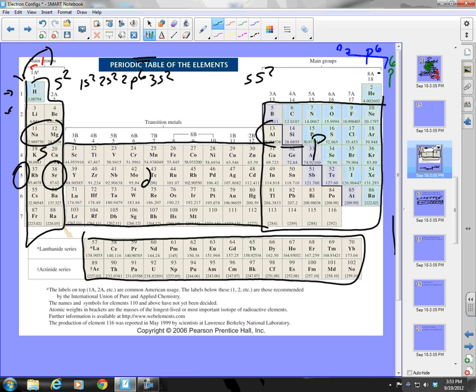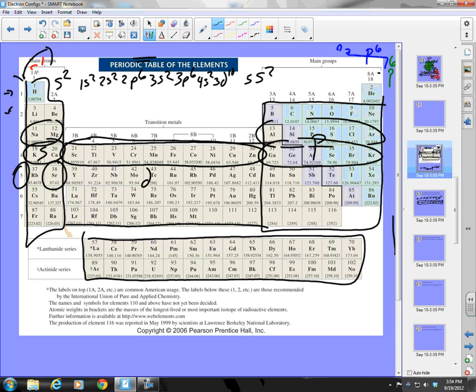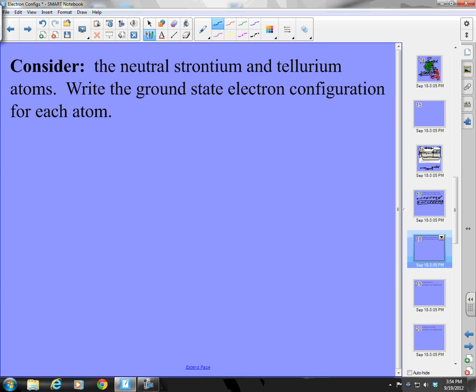Then I have to do my 3p6, and then I have to do my 4s2, and then I have to do this group, and this group is a D, and it's always one less, right? 3d10, and then I have to do this group, which would be what? Back to 4p6. So that would be my strontium.